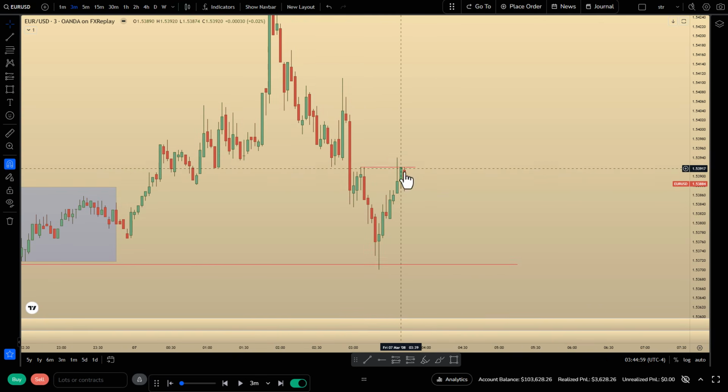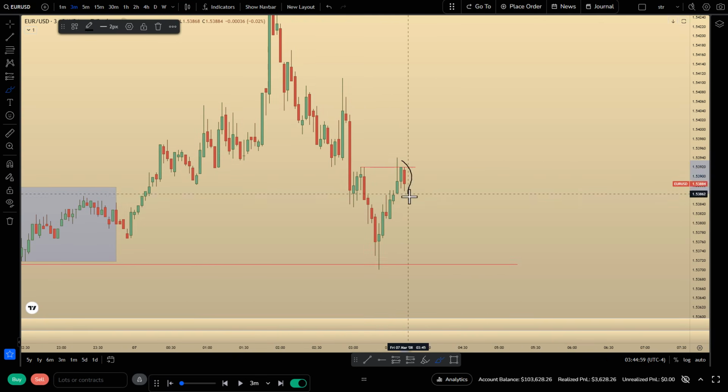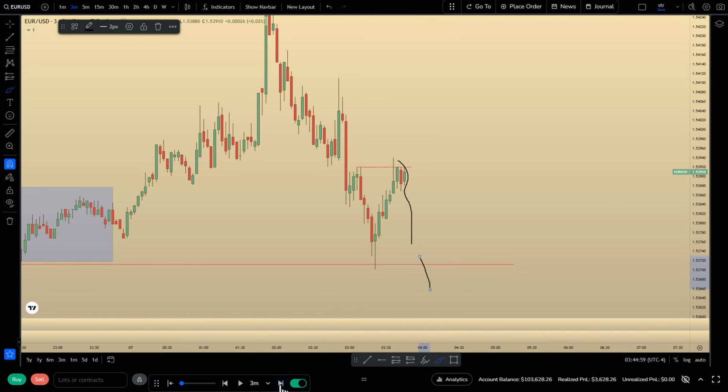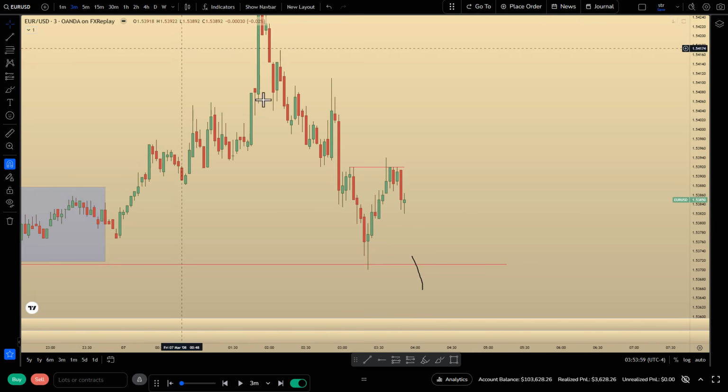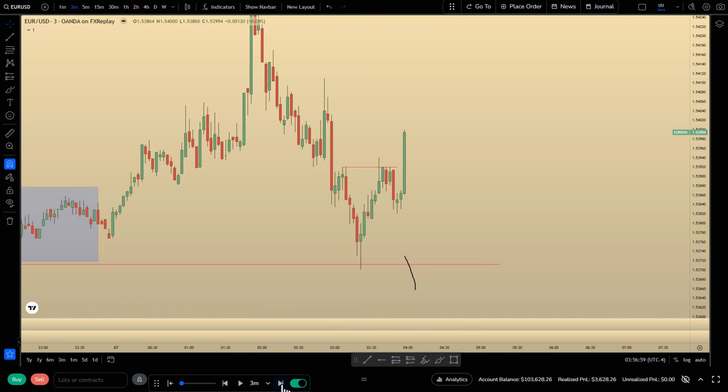Alright, we are sweeping this low. We might have another continuation. And now we broke above it with a displacement. I think I'm gonna enter from here.